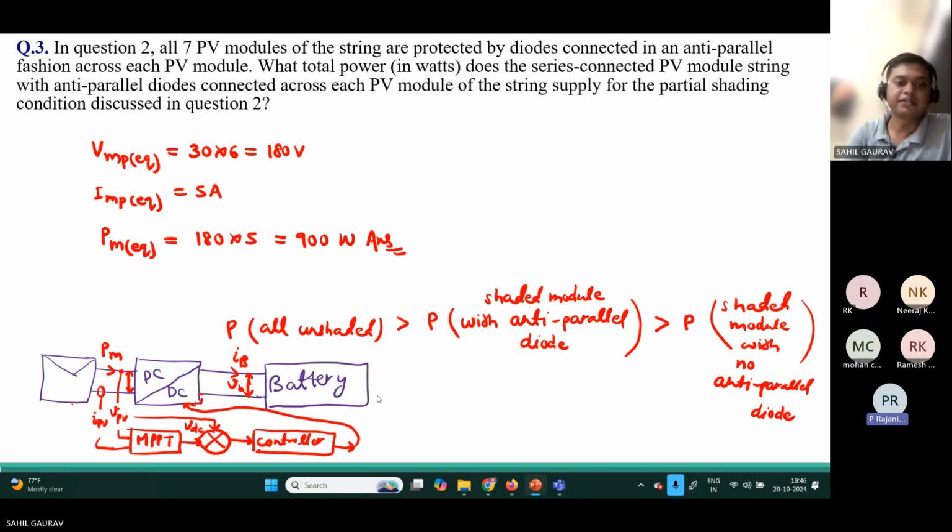Okay, sir. I have one more doubt with respect to MPPT. Practically, what are we doing is that whenever the output of the PV module is maximum, at that time only we keep the switch on, and when it's falling, we switch off. Is it correct, sir, or something else? Actually, practically, what's happening inside? In the MPPT tracking system, the output of the PV module is uncertain, it depends on the insolation.